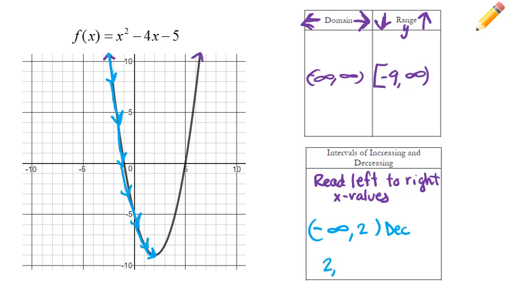And then from 2 to positive infinity, I'm increasing. So I'm increasing forever to the right. No brackets because I'm not increasing or decreasing at 2. It's what am I doing around 2, so we use parentheses.